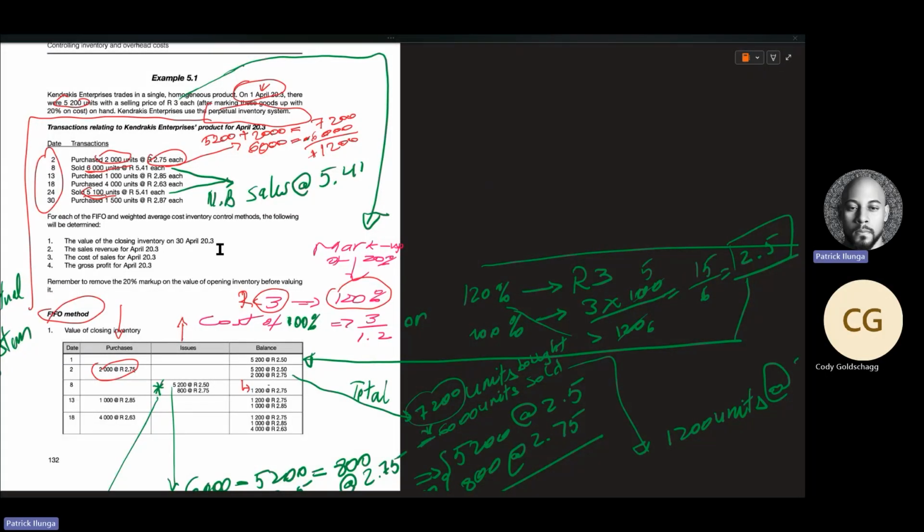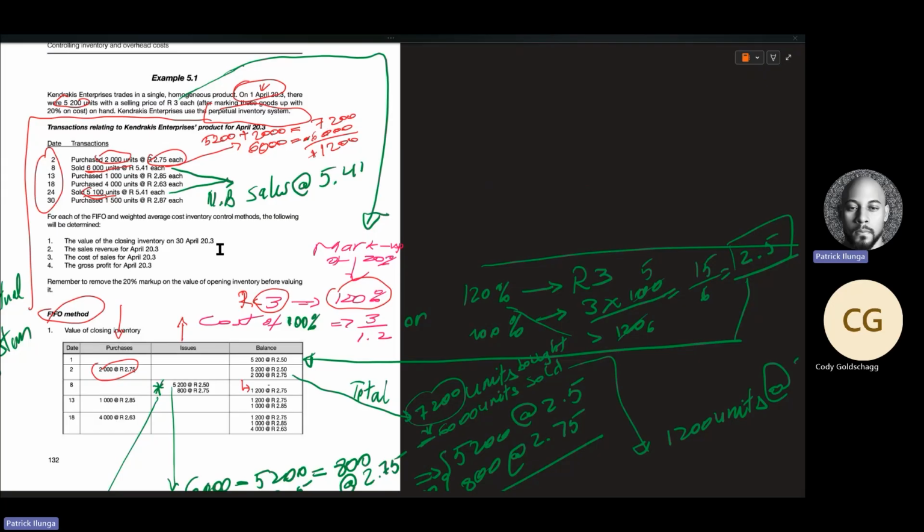So on the 30th of April, what will be the closing inventory if you take into account FIFO and weighted average? With these two methods, what will be the closing inventory?